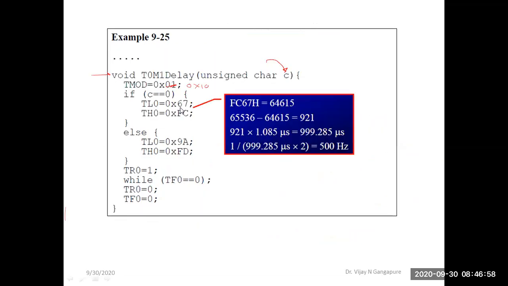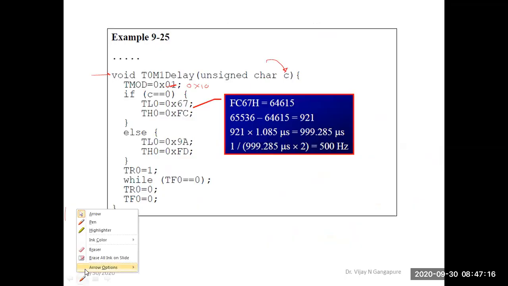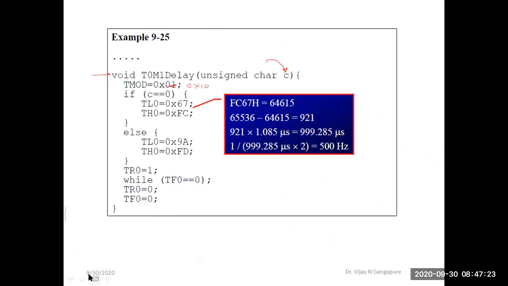If we calculate how much delay gets generated, it is 999 point something microseconds, equivalent to 1 millisecond.